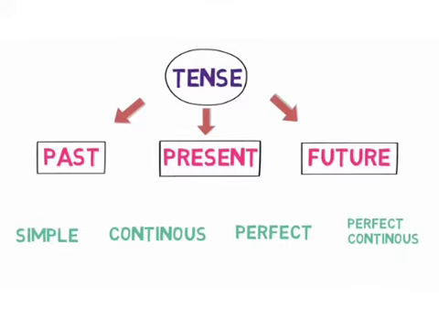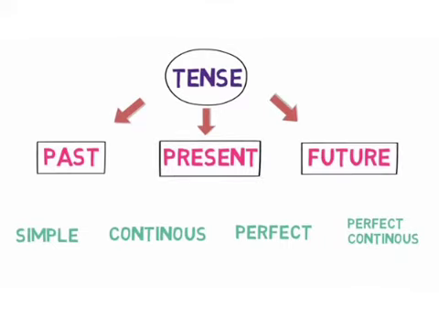Now, each tense, that is past, present, and future, is divided into simple past, past continuous, past perfect, and past perfect continuous. Likewise for present and future also. So totally we have got 12 tenses.